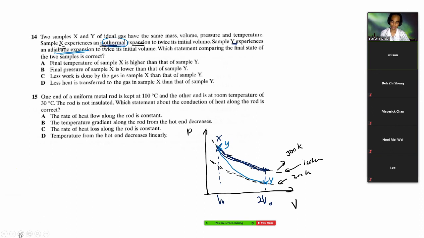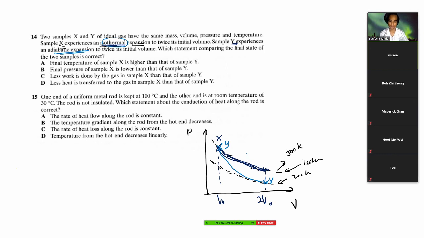What does adiabatic mean again? Adiabatic means that in the process of the gas, heat does not enter and heat does not flow out. Isothermal means that when the process is undergone, the temperature is constant. You have to remember the definition of both processes. This is very basic.